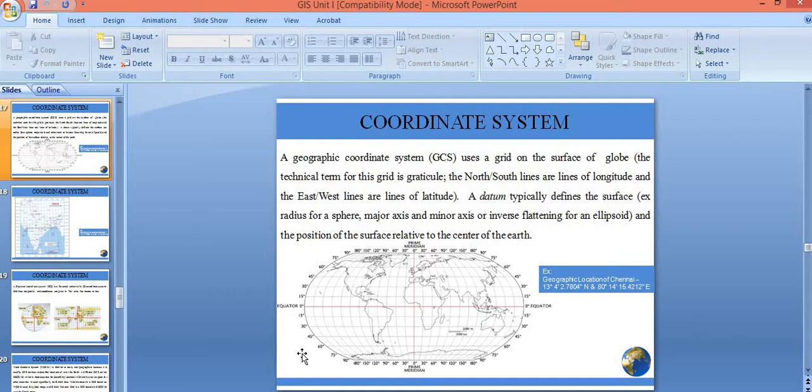Equator is a reference line which will be splitting our earth into two halves vertically. Okay. Sorry. Your equator is a reference line which will be splitting our globe into two halves horizontally.